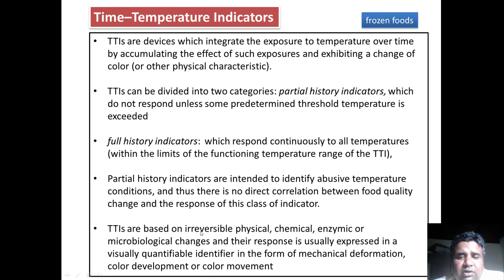They are based on irreversible physical, chemical, enzymic or microbiological change. If there is a change in the food product, and that change brings the same change in the time temperature indicator, then the indicator will show the response in the form of mechanical deformation, color development or color movement.